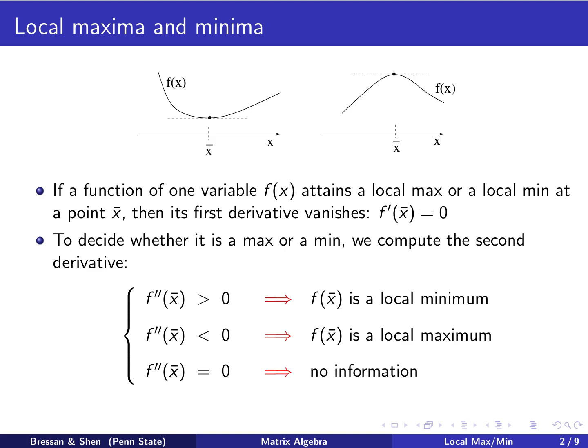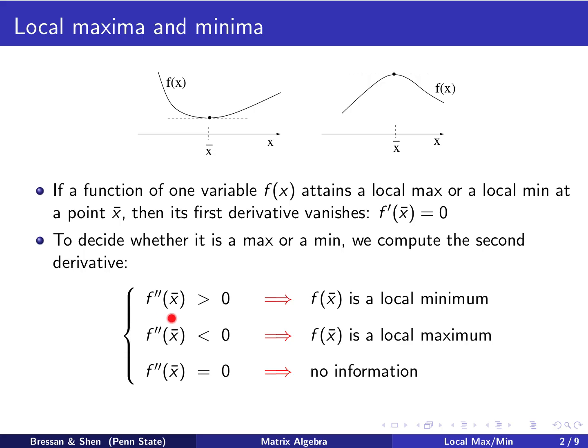And then you want to know if it is a local max or a local min. Like here in the graph, you see that's a local min and that's a local max. Then how can we run some test on the function to find that? Well, this will be the second derivative test. So we can compute the second derivative, which means the change of the first derivative at the point.